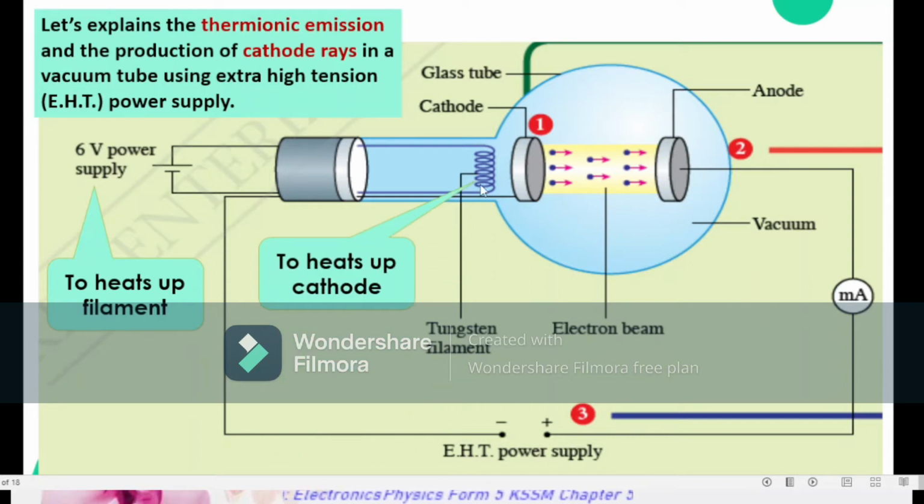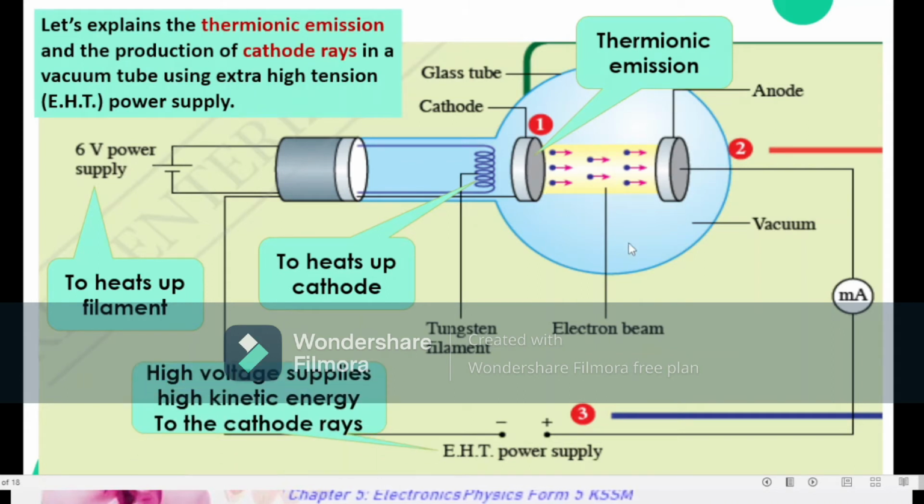Next, the function of the filament is to heat up the cathode to produce thermionic emission at the cathode. Next, the EHT power supply is to supply high kinetic energy to cathode rays. Thus, it will produce cathode rays that travel at high speed.